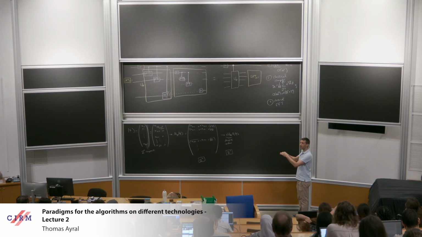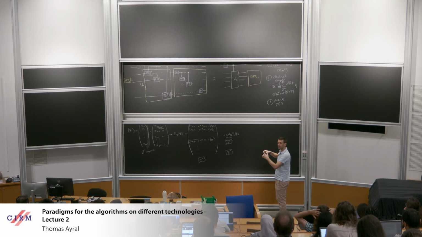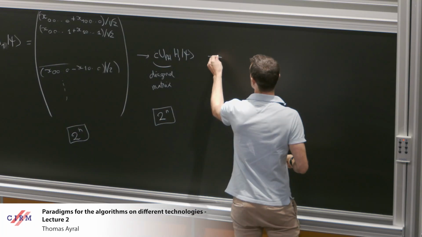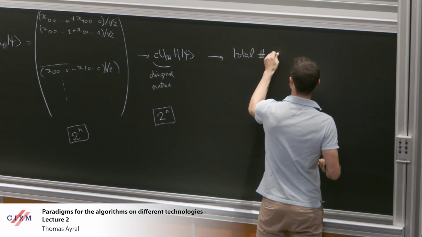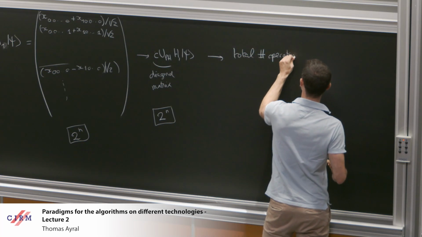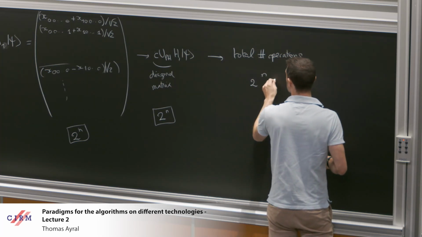But now, since I'm doing a recursive algorithm, for the rest, if I count the total number of iterations, I'm going to repeat it. QFT n minus 1 is also recursive, so I'm going to do n applications of this same block. So if I count the total number of operations I do, it is 2 to the n times n.